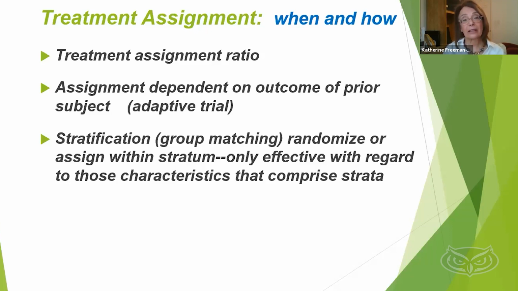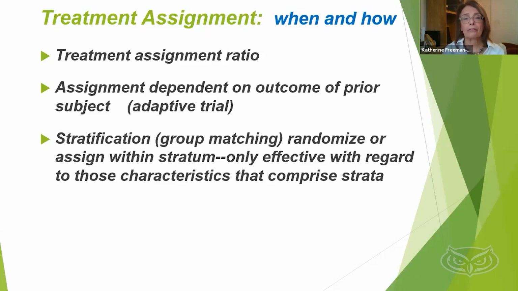And the activists got very involved because they were stakeholders, and they decided that any active treatment would be more acceptable to certain communities with HIV infection.